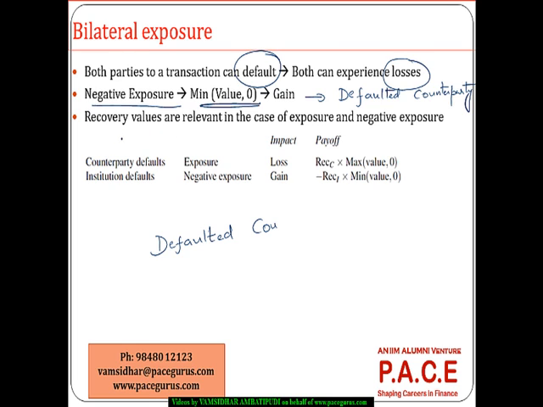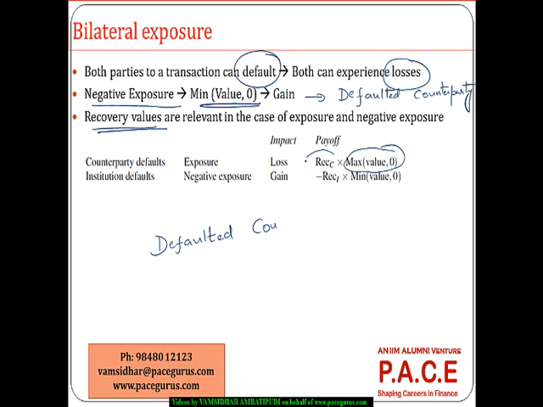So that's the reason we even sometimes try to bring in the recovery value. Though in the computation of the exposure, we don't consider the recovery rates. But in case I'm finally looking at my gain or loss, the recovery will really play a role. Because when the exposure is positive, this is the amount that the party is going to lose.